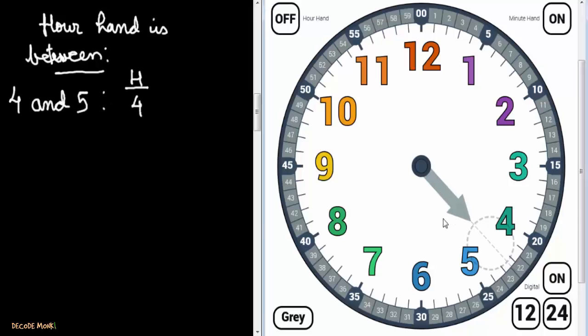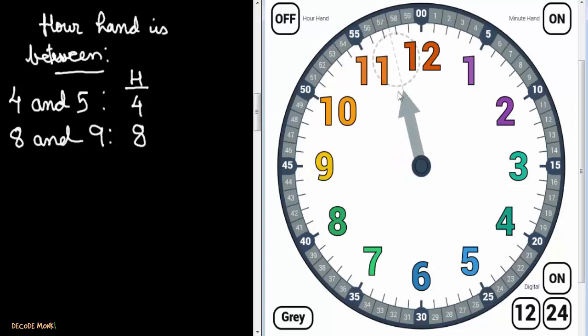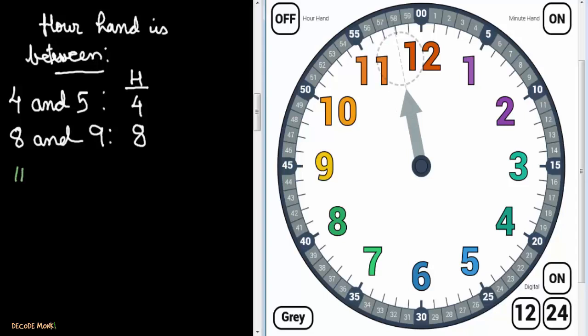If the hour hand is between 8 and 9, then the hour is 8. If the hour hand is between 11 and 12, it may lie anywhere. It may be nearer to 12, or nearer to 11, it does not matter. Even if it is very near to 12 but not 12, the hour is still 11.